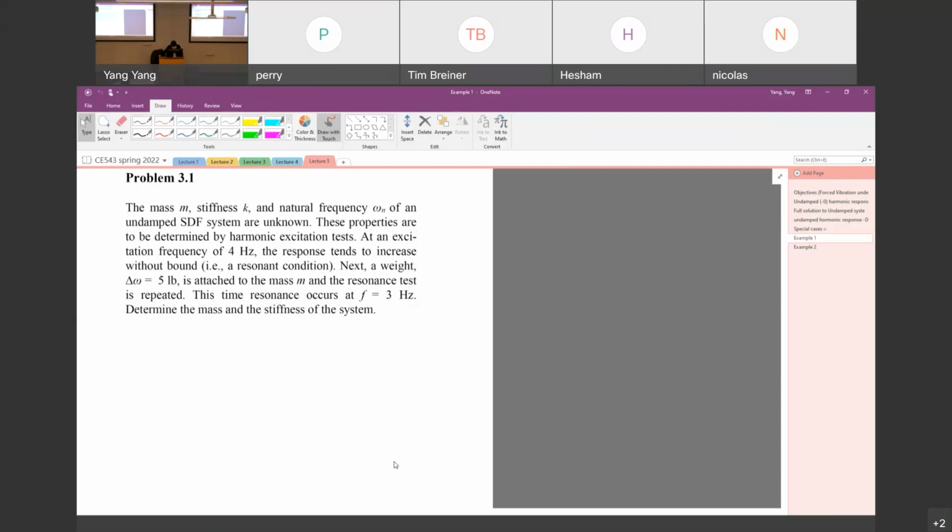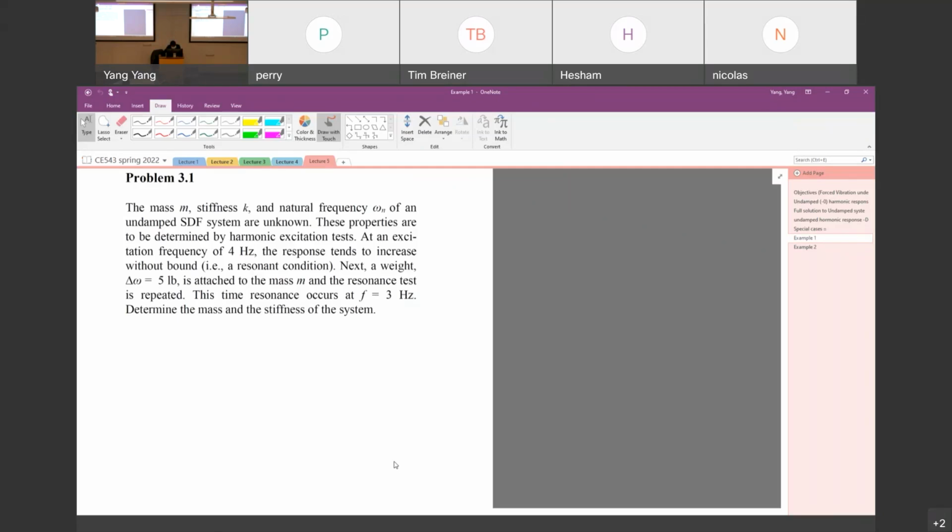So if the force is 4 Hertz, the response tends to increase without bound. It means a resonant condition. So basically here we can tell the natural frequency of the system.